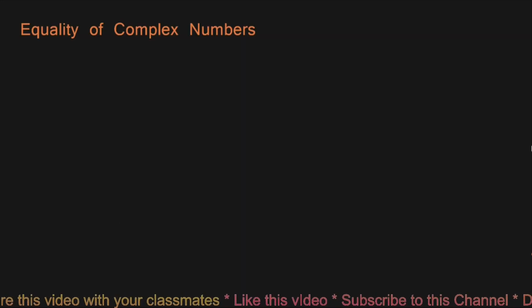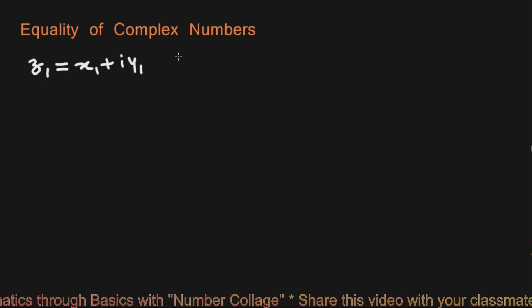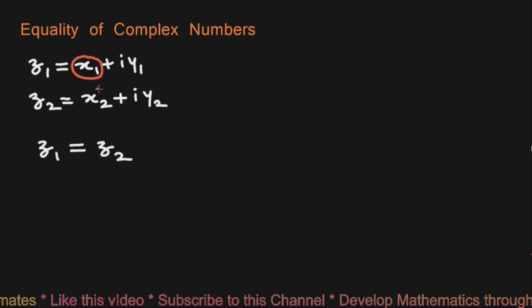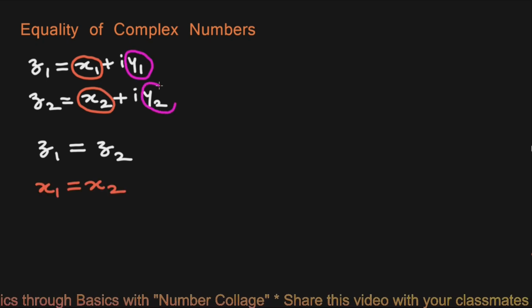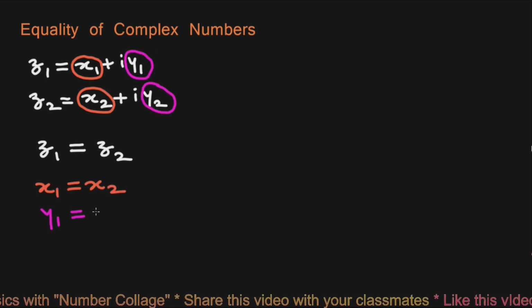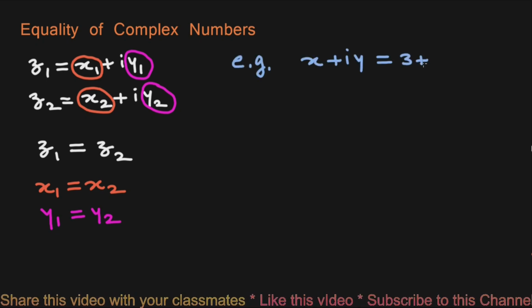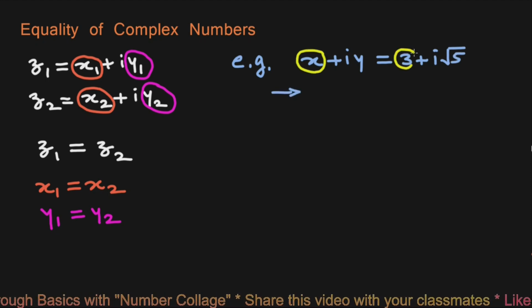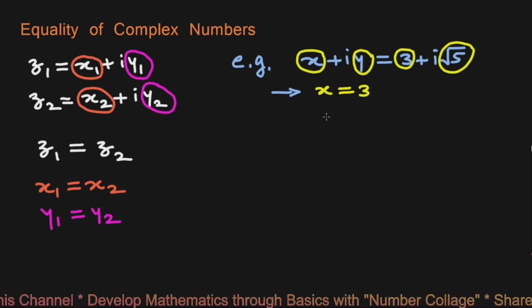In equality of complex numbers, two complex numbers z1 and z2 are equal when their real parts are equal and their imaginary parts are also equal. For example, when x plus iy is 3 plus i root 5, then this x equals 3 and this y equals root 5.